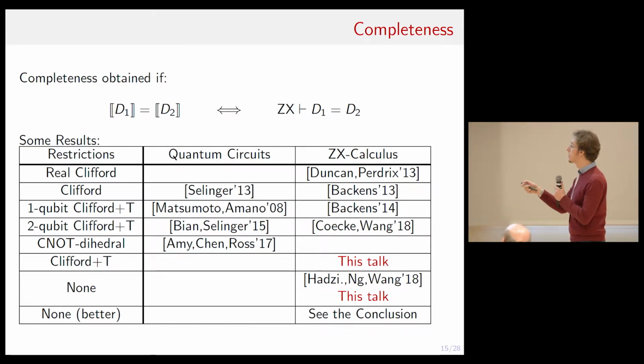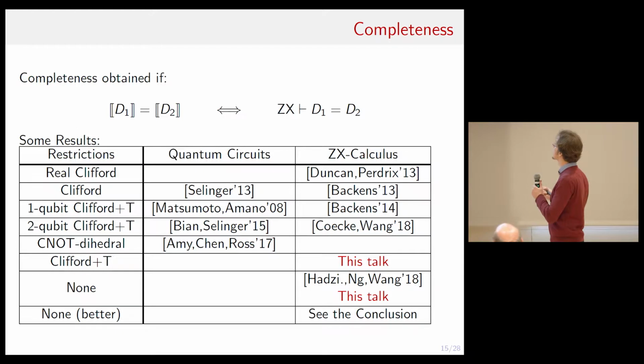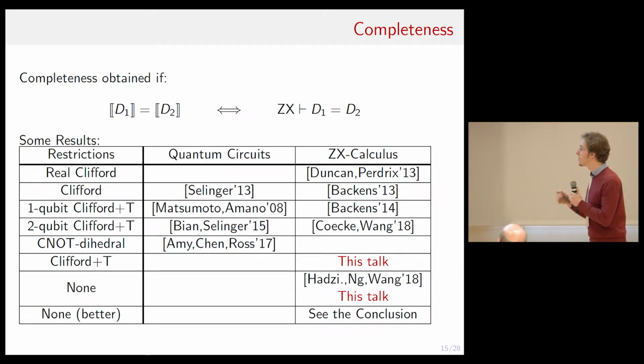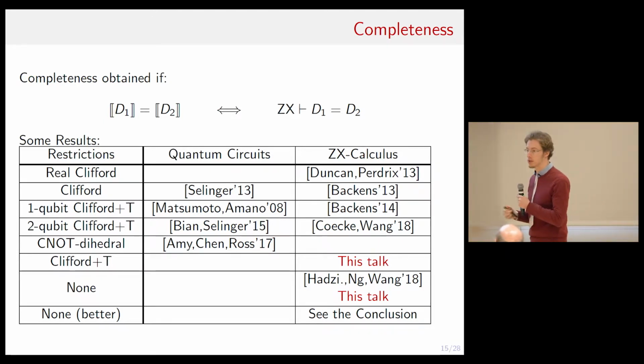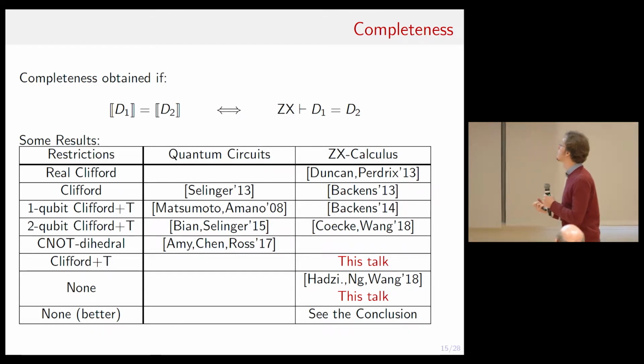But the one for Clifford+T is universal. And we now have a completeness result for the ZX calculus for Clifford+T. And then followed a completeness result for the unrestricted language, the language where there is no restriction on the angles.